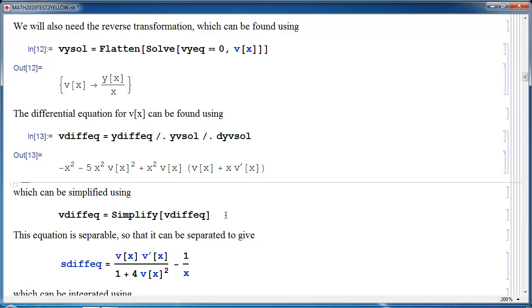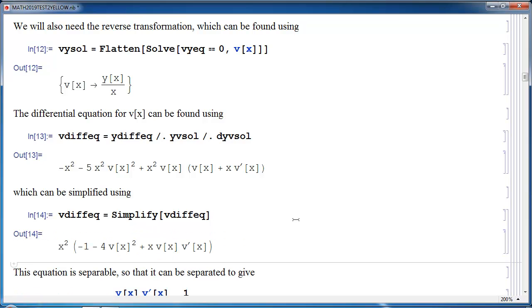Well, let's simplify it a bit to see if there's anything we can do. Well, if we look at this, we can see that the differential equation is x squared, which we can cancel out because it's equal to 0, and we can see that this term here only depends on v, and x is a factor of this term.